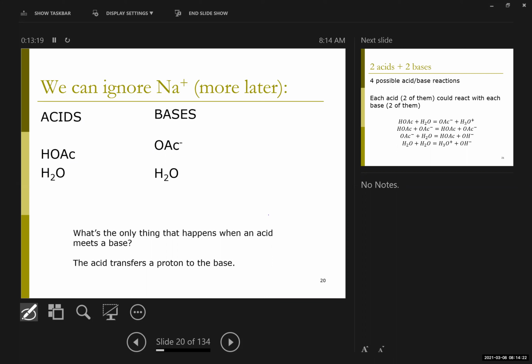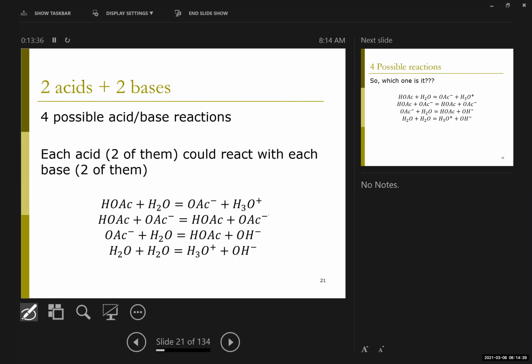And so acetic acid, as it's running around, could bump into water or could bump into acetate. Water, when it's running around, could bump into water or acetic acid or acetate. And so really, I have four possible acid-base reactions. Every acid, and there's two of them, could react with each of the bases, and there are two of them. So there are four possible acid-base combinations, and technically, they're all going to happen because you can't control who bumps into whom.